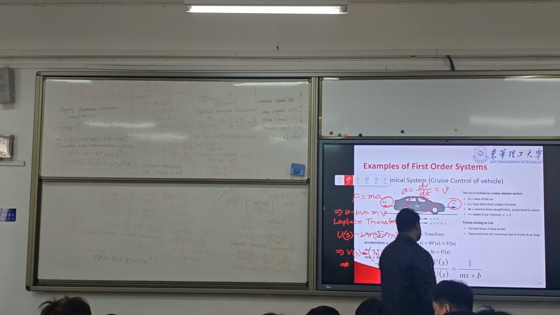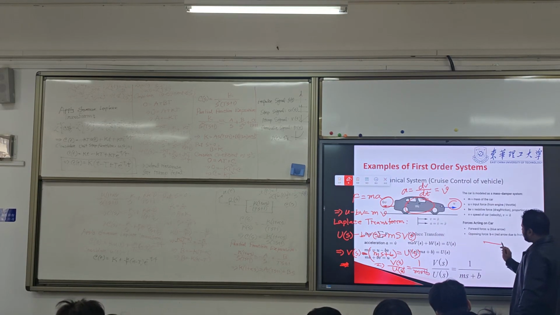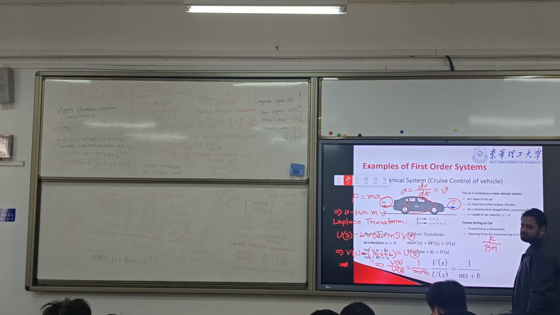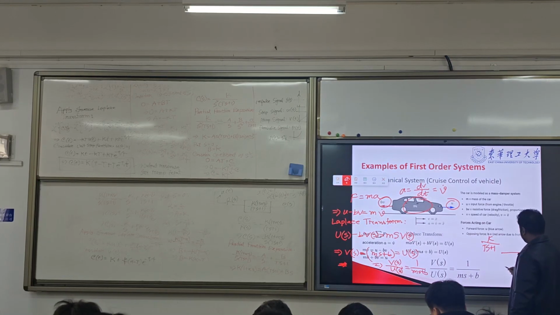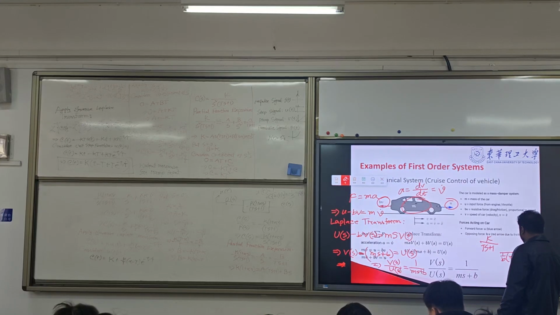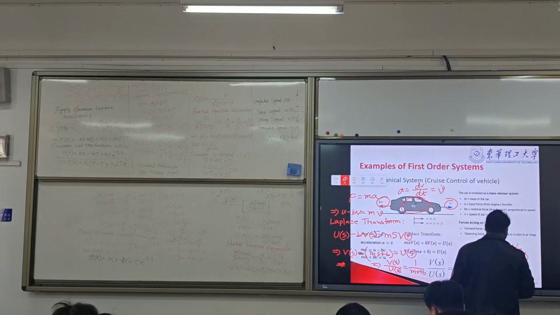So what is T and K? How do you find T and K? It should be K by Ts plus 1. So how do you make it? You need to divide by b, in the denominator and also in the numerator, 1 by b.